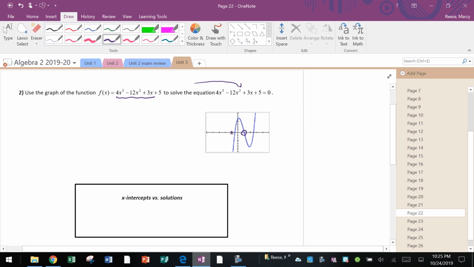This is 1, or negative 1, negative 2, so this one right here is 1. X equals 1, so that means it has a factor of x minus 1, right? So x equals 1 is the root, x minus 1 is the factor. Okay, so what we're going to put on our shelf is 1, and we're going to break this apart. Our whole goal is to break this apart.